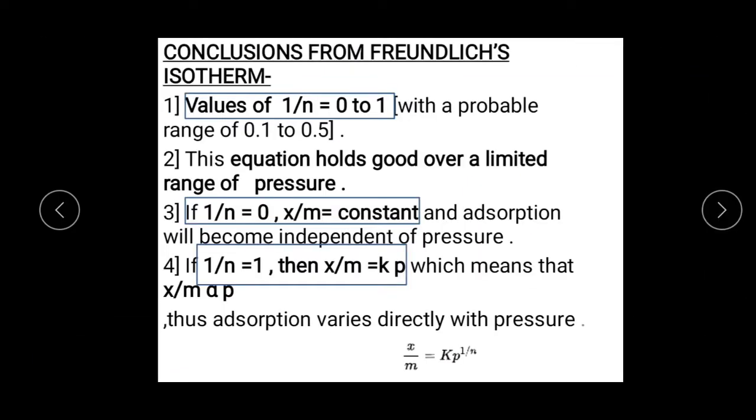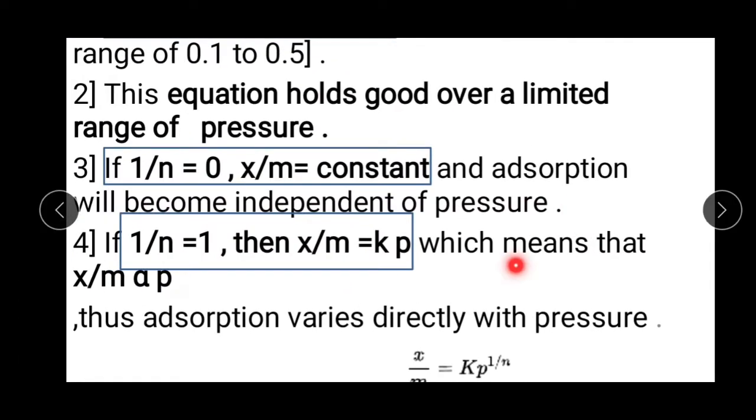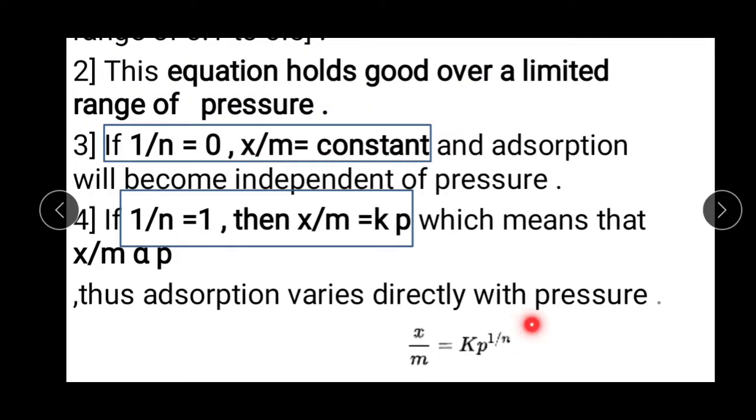Now conclusions from the Freundlich isotherm. We have 4 conclusions here. The first conclusion is that the value of 1 by n is from 0 to 1. The second conclusion is that this equation holds good over a limited range of pressure only. If we keep 1 by n as 0 in this expression, then x by m becomes equal to k, which is a constant.